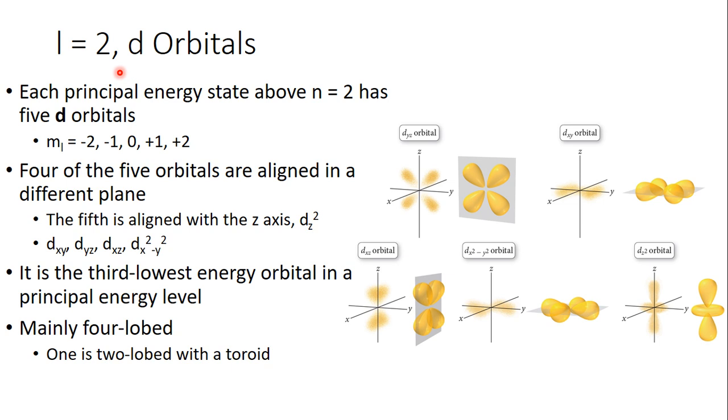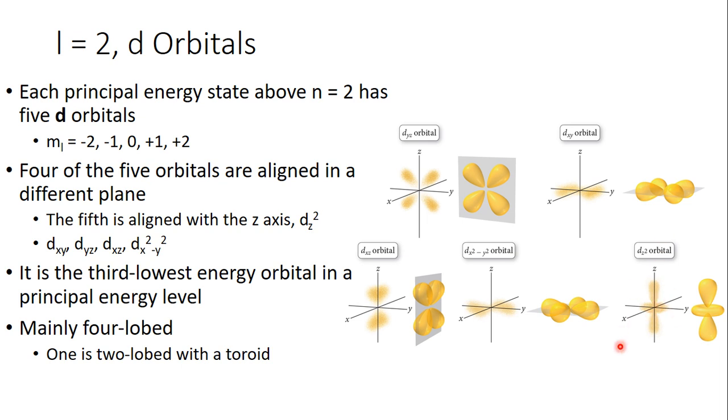The L equals 2 or d orbitals, so you have n equals 3, L equals 2. Since L equals 2, you have 5 different types of orbitals you can have, and I'm showing the 5 here. One between the y and z axis, one between the x and y axis, one between the x and z axis, one on the x and y axis, and one on the x and z axis.